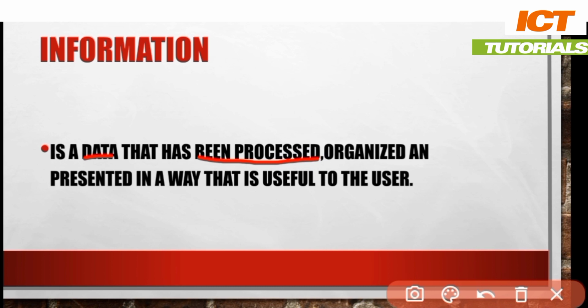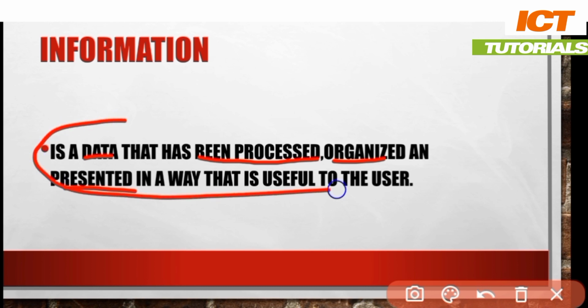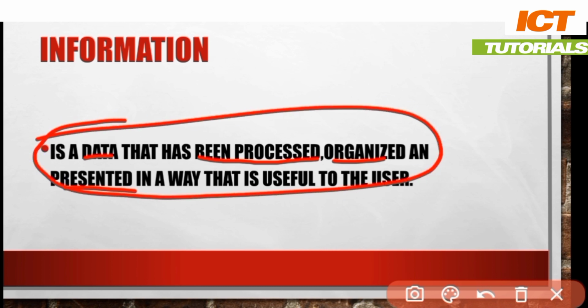When they get processed and when they get organized and presented, they become useful to the user, and that now becomes information. For example, the same thing I'm writing here, this is information because I produced the meaning of the word information from our data.